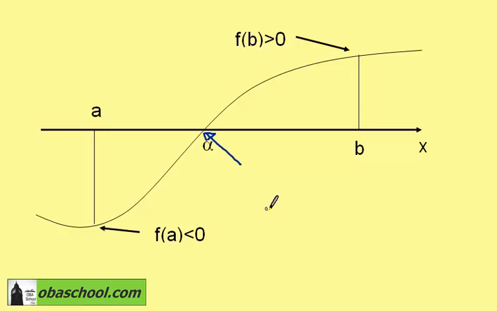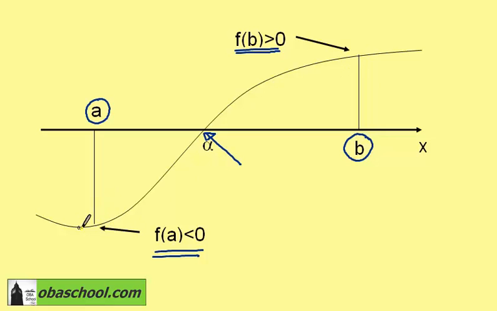If we look to the left of the root, we have a value a, and f of a is less than 0 since the graph is below the x-axis at this point. If we look to the right of the root, to a value b, f of b is greater than 0 since the curve is above the x-axis at this point.